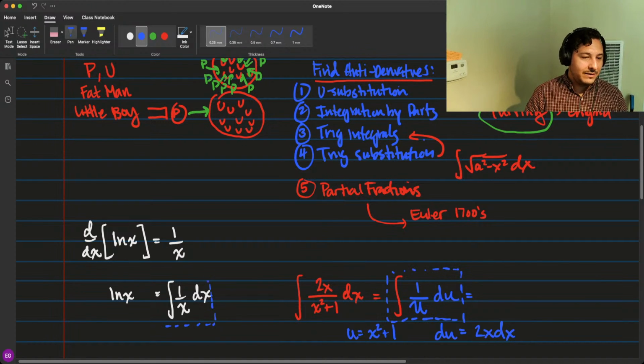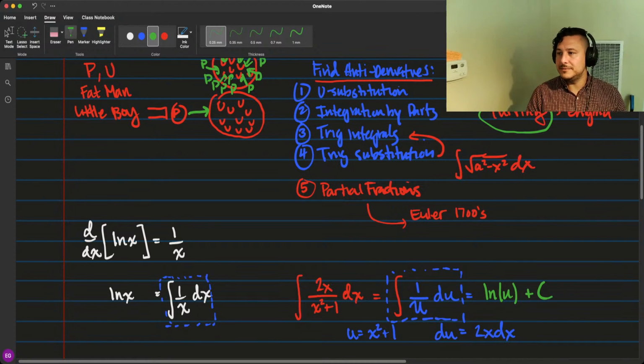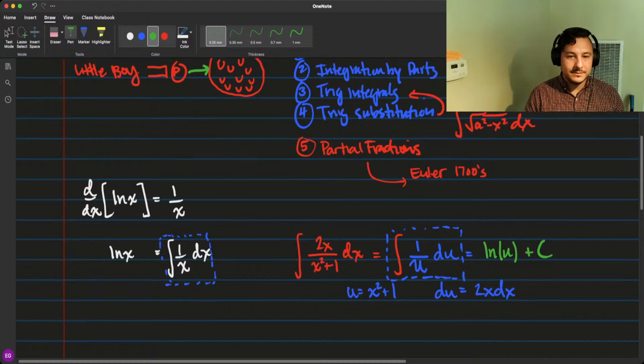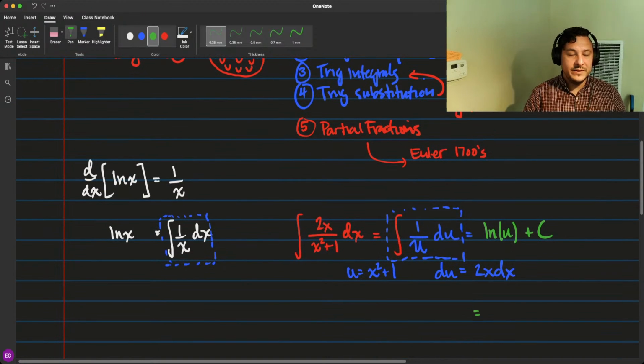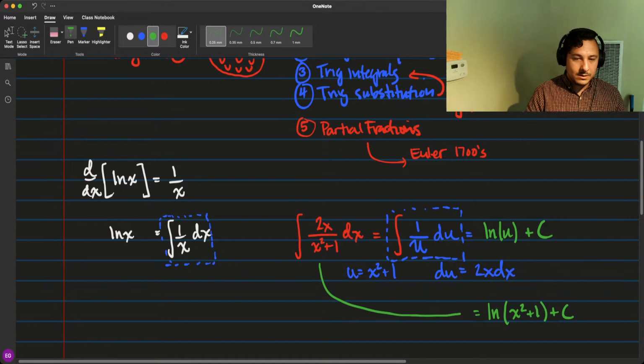The antiderivative of 1 over x dx is natural log x. So my antiderivative is going to be the natural log of u plus c. And then if you substitute your u back in, you'll get the natural log of x squared plus 1 plus c. Boom.